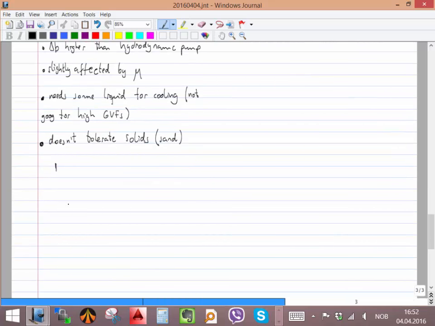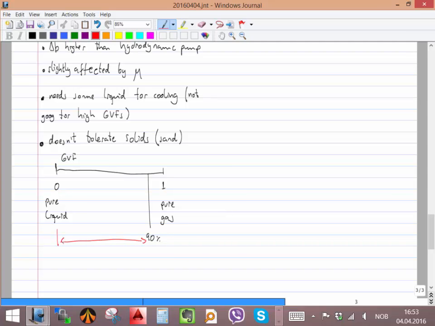If we say this is GBF, and we go from 0 all the way to 1, where this is pure liquid and this is pure gas, we can use this pump almost up to here, almost up to, I think, 0.9, 90%. We can use this booster in this range.